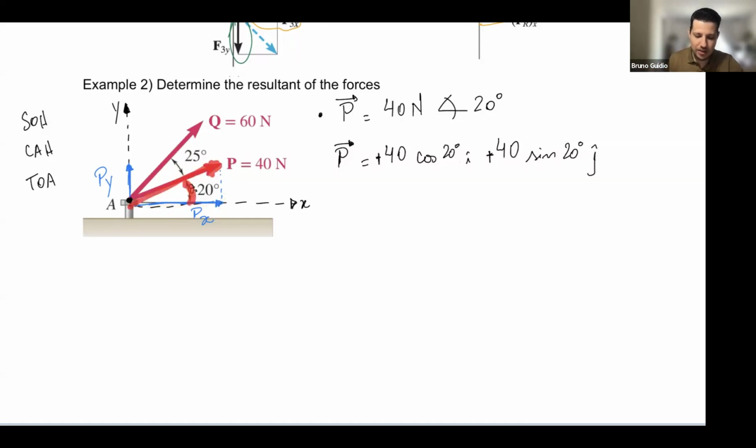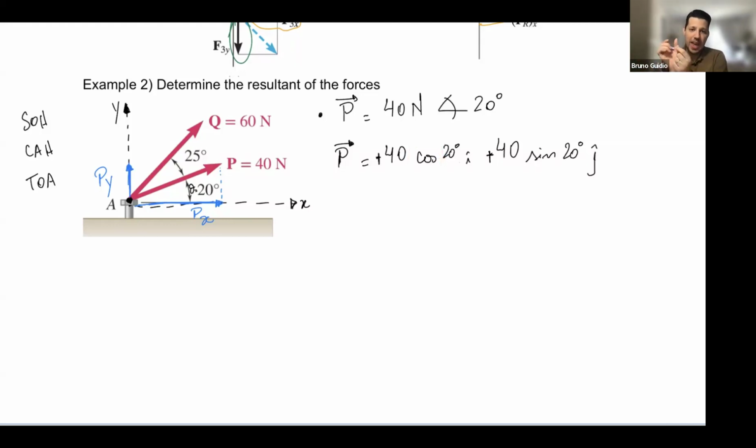I'm measuring the 20 degrees from the x-axis. So whenever the angle is touching the x direction, this is going to be the cosine, and the other one is going to be the sine.